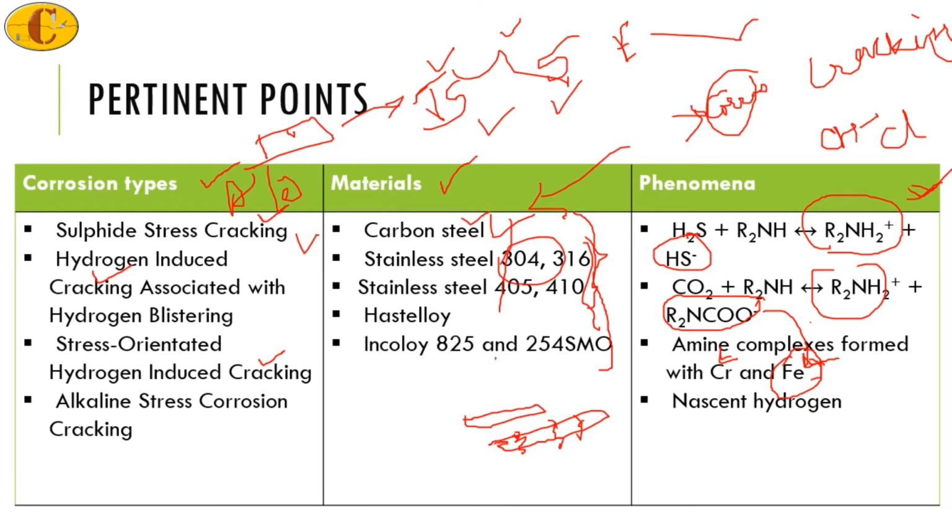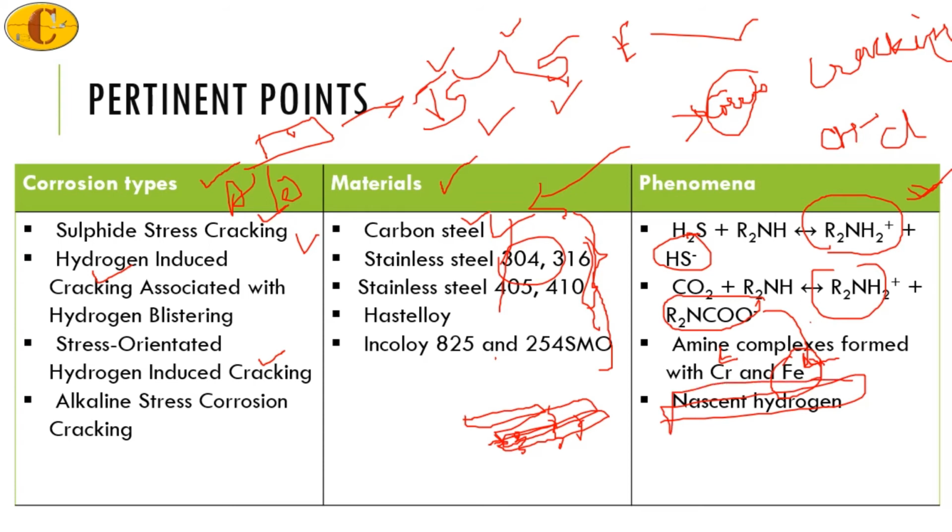Only then will the actual nature of how the corrosion will occur and how it will lead to cracking be seen. Now, some of these hydrogen blistering and hydrogen induced cracking are related to formation of the nascent hydrogen.